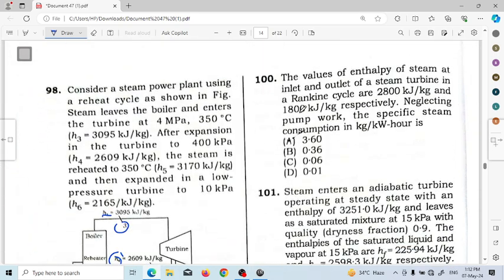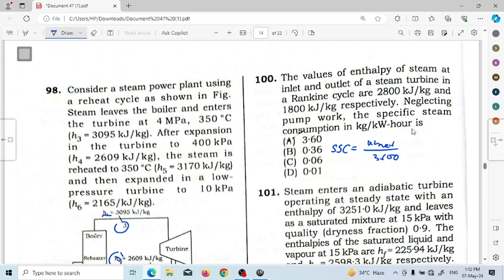Next, question number 100. The values of enthalpy of steam at inlet and outlet of a steam turbine in a Rankine cycle are 2800 kJ per kg and 1800 kJ per kg respectively. Neglecting pump work, find the specific steam consumption in kilojoule per kilowatt hour. So specific steam consumption, SSC, is given by 3600 divided by W net.